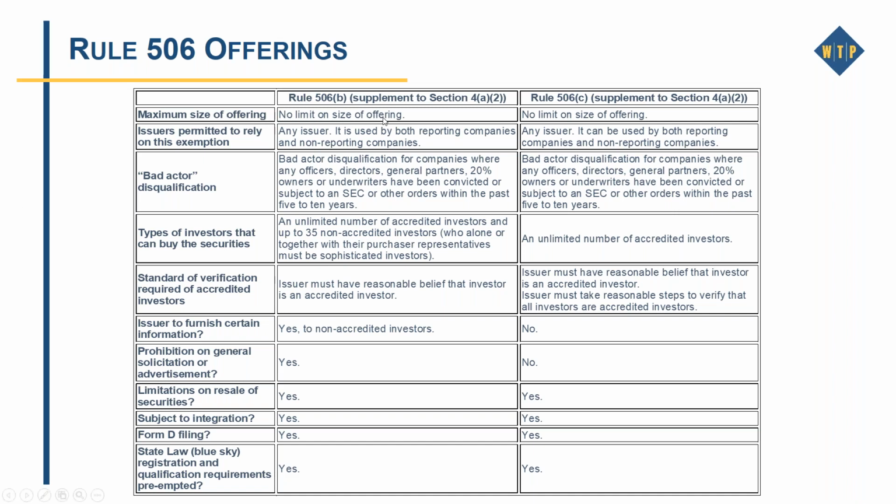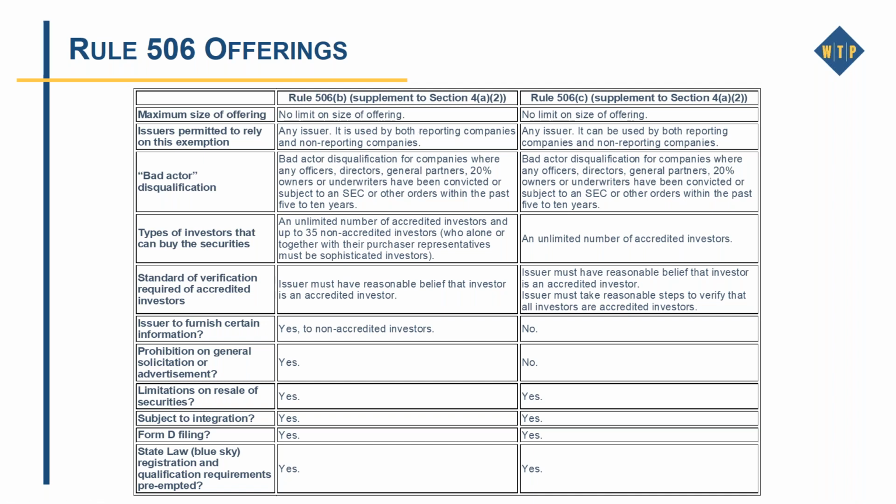In both 506 offerings, you can raise an unlimited amount of capital. If I want to sell $1 million in securities, 506. If I want to sell $100 million in securities, I can do 506. It can be used pretty much by any business organization.